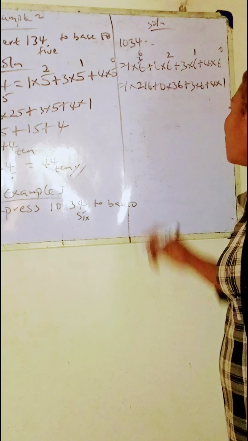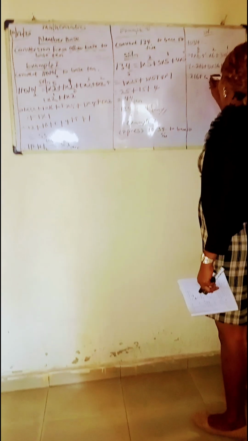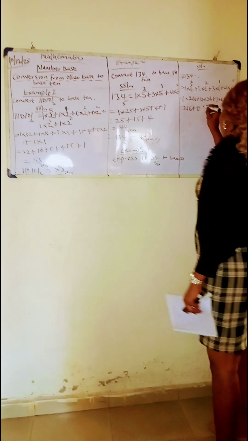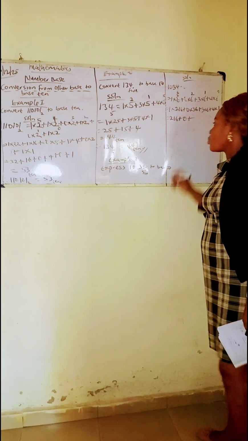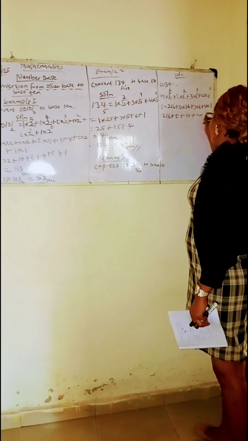1. So we have 1 times 216 will give us 216 plus 0 times 36 will give us 0. Anything multiplied by 0 gives us what? 0. Plus 6 times 3 will give us what? 18. Plus 4 times 1 will give us what? 4.